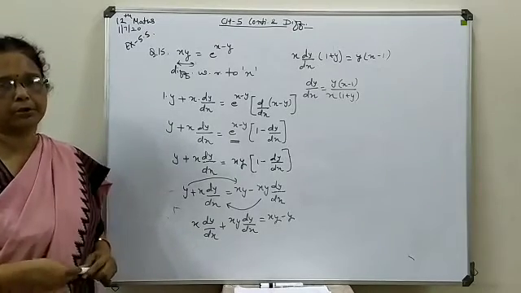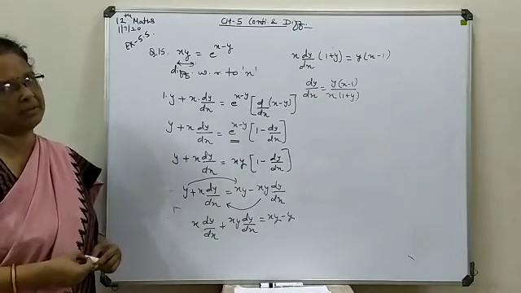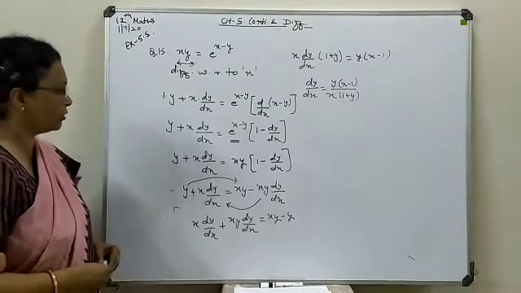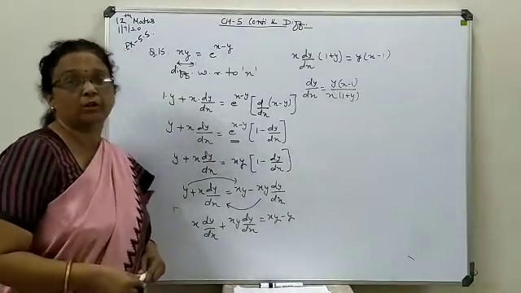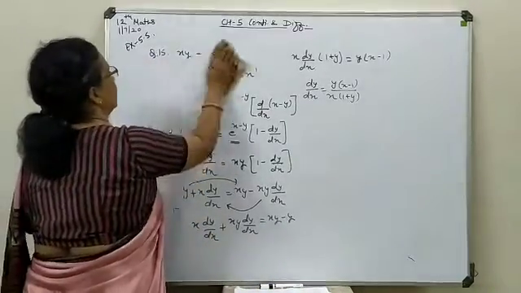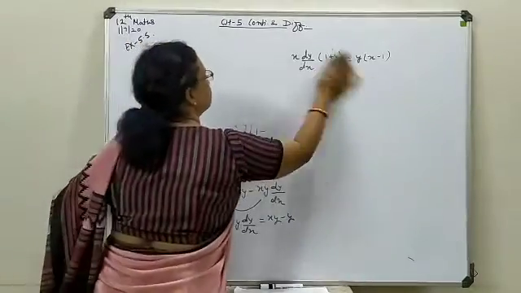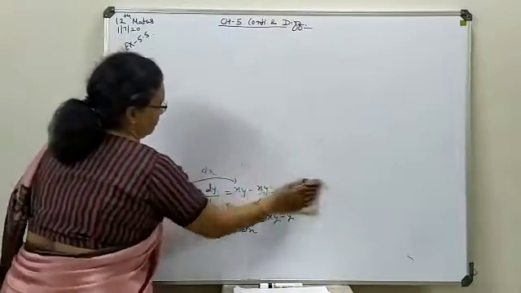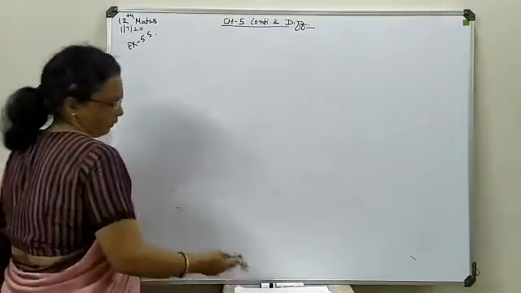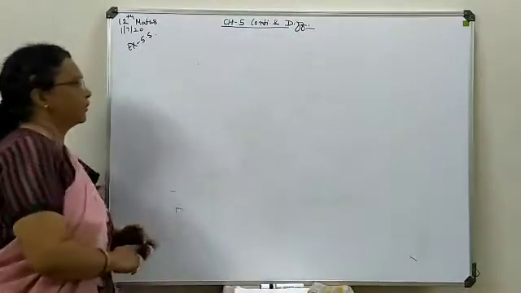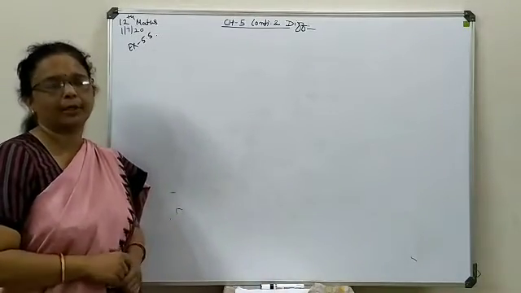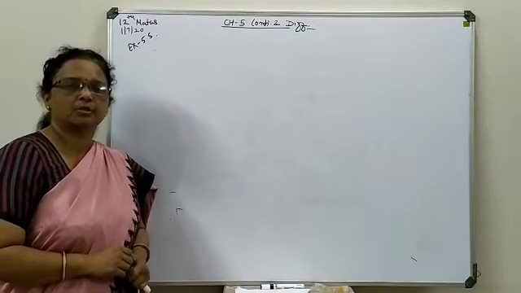Now we are going to introduce a new method, that is the parametric form, and derivation regarding the parametric form. So first of all we try to understand the meaning of the parametric form. Up to now, in the functions we have discussed, x is written either in terms of y or y is written in terms of x.